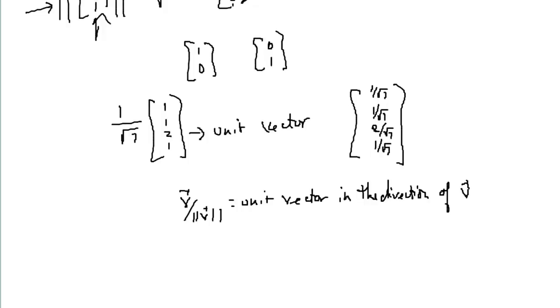Okay, another important idea is being able to find the angle between two vectors. So let's say the angle between U and V, let's call it theta.